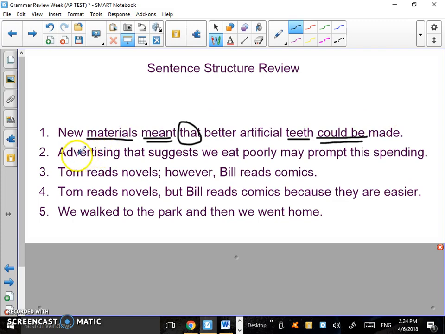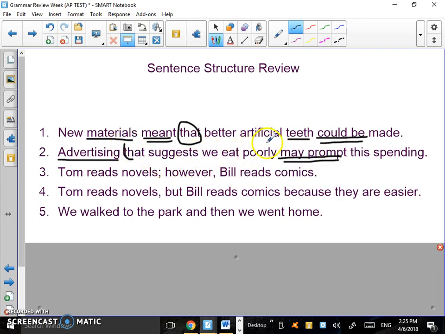Okay, second sentence: advertising that suggests we eat poorly may prompt this spending. Now this sentence might confuse you a little bit because the subject comes at the beginning of the sentence and then at the end of the sentence, and those go together.